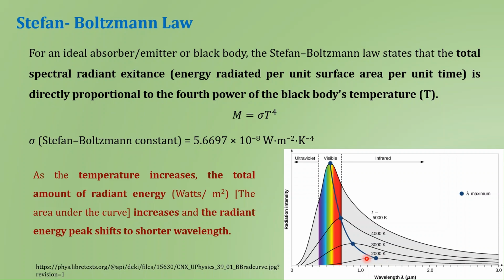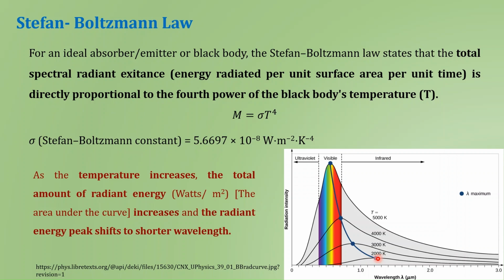The area under the curve represents the total amount of radiant energy across the wavelength range. And we can see that as the temperature increases, the total amount of radiant energy, that is the area under the curve, increases, and the radiant energy peak shifts towards the shorter wavelength, meaning towards this side.